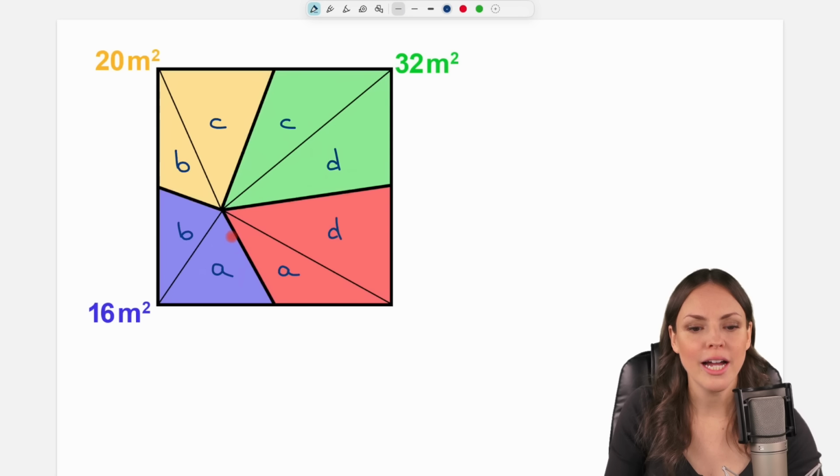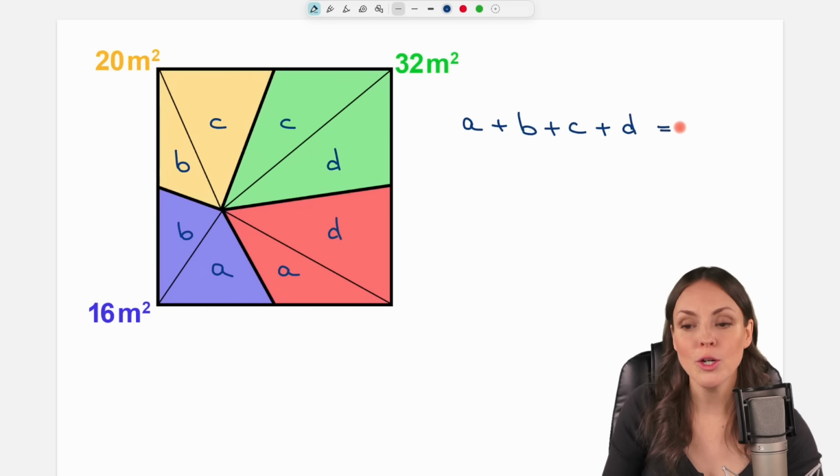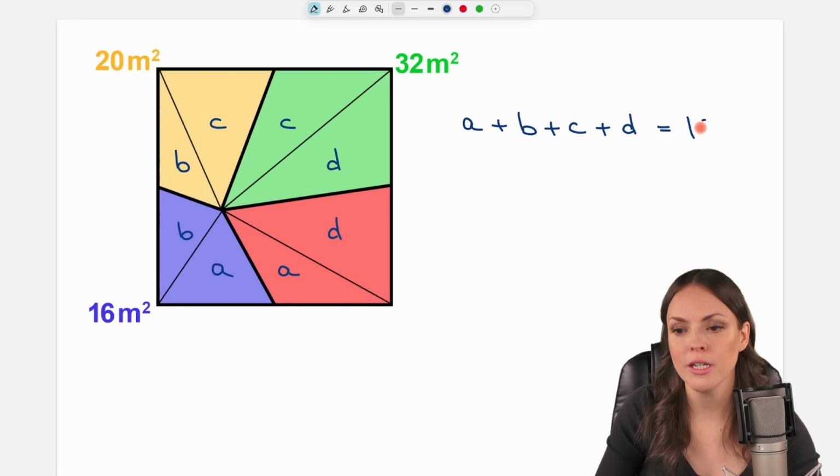And if we combine, for example, now the blue area here with A and B and the green area with C and D, we know the sizes of these areas. So let's do that. We take A plus B plus C plus D, and we know that it is of size 16 plus 32, which equals 48.